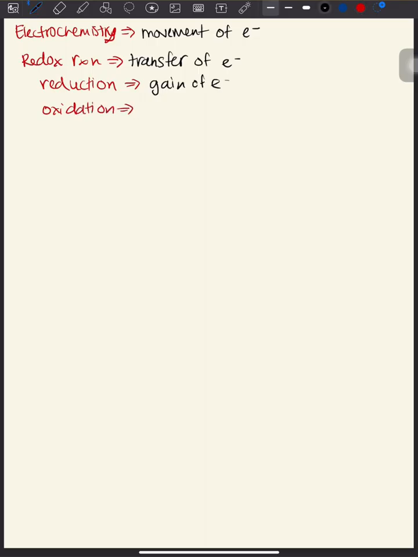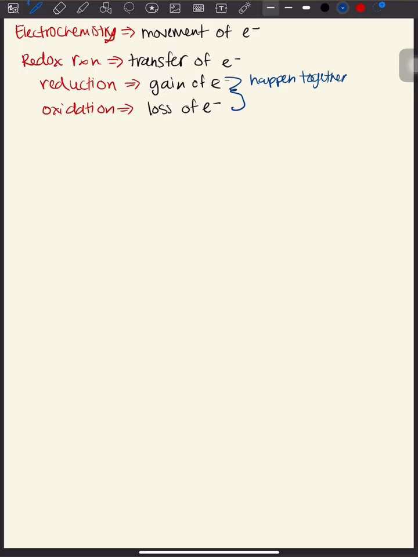And oxidation is the loss of electrons. Now, these two processes have to happen together. You can't have something be reduced without something else being oxidized. They have to happen together.